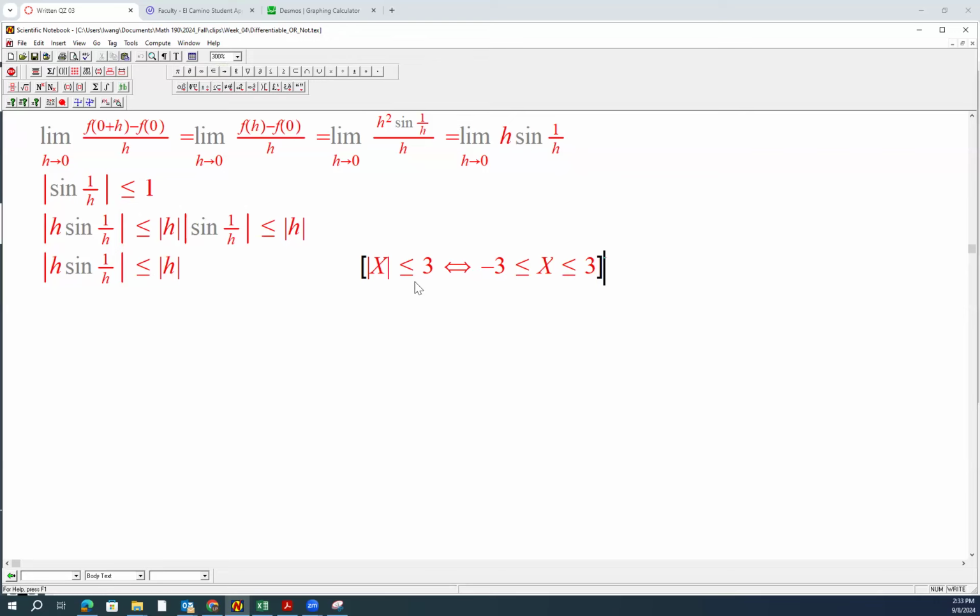So in our case, the capital X is this piece. So the absolute value of capital X, our 3, is the absolute value of h. The absolute value of h is always a positive quantity. So our next step is that we are getting this absolute value.